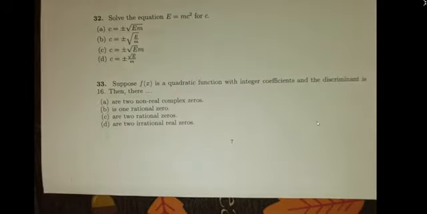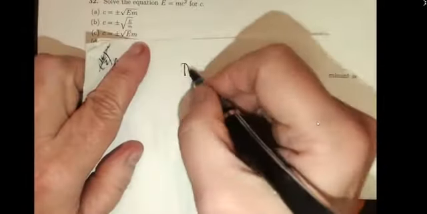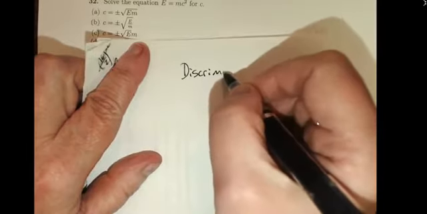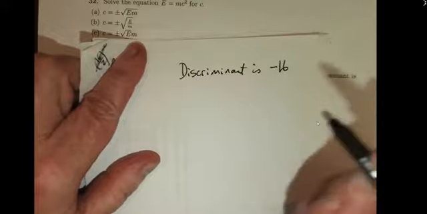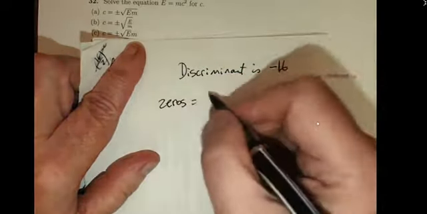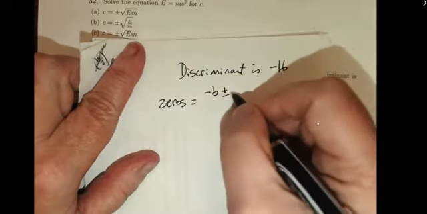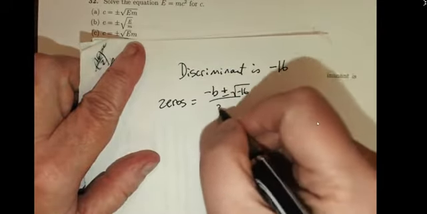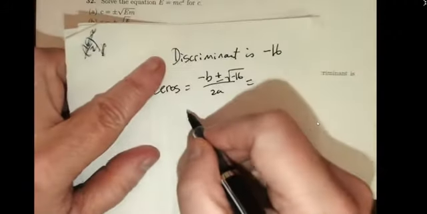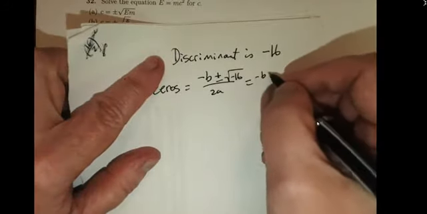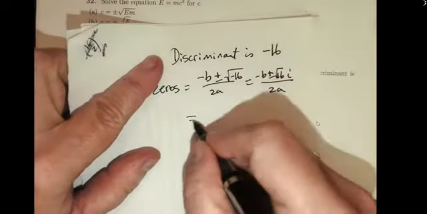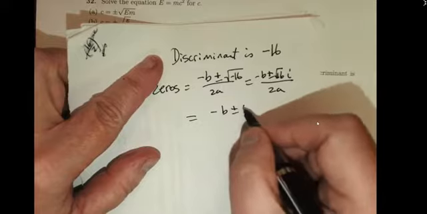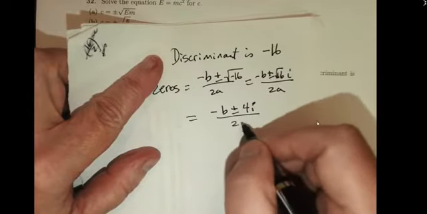Now, what if we had been told that the discriminant is negative 16? Then we would have had negative b plus or minus the square root of 16 times i over 2a, which is negative b plus or minus 4i over 2a.